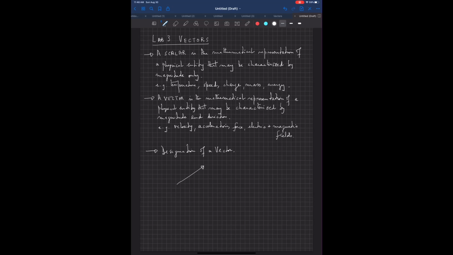So you choose a scale and you draw this arrow to the appropriate magnitude based on that scale. One designates the vector by a letter, say letter A, but with an arrow over it. In your textbooks, vectors are usually bold-faced.